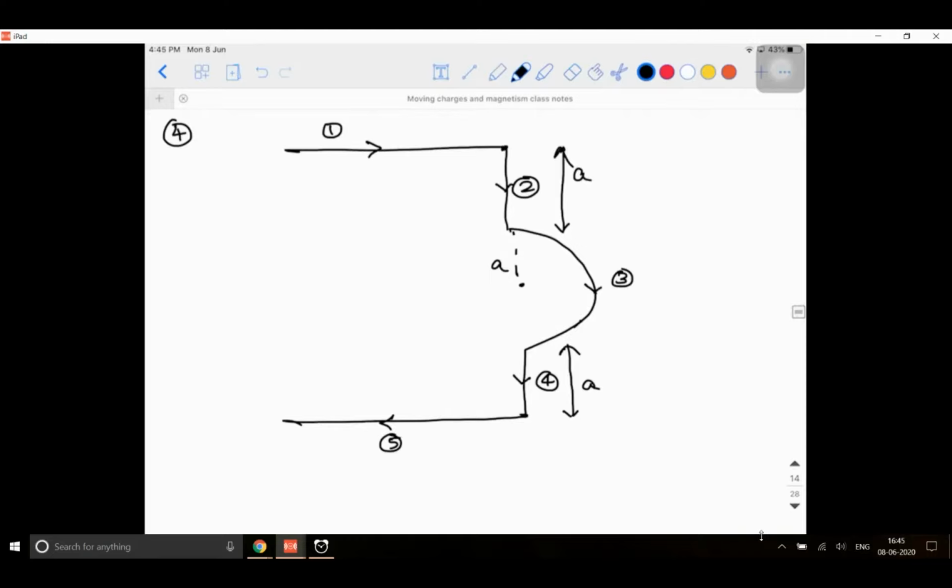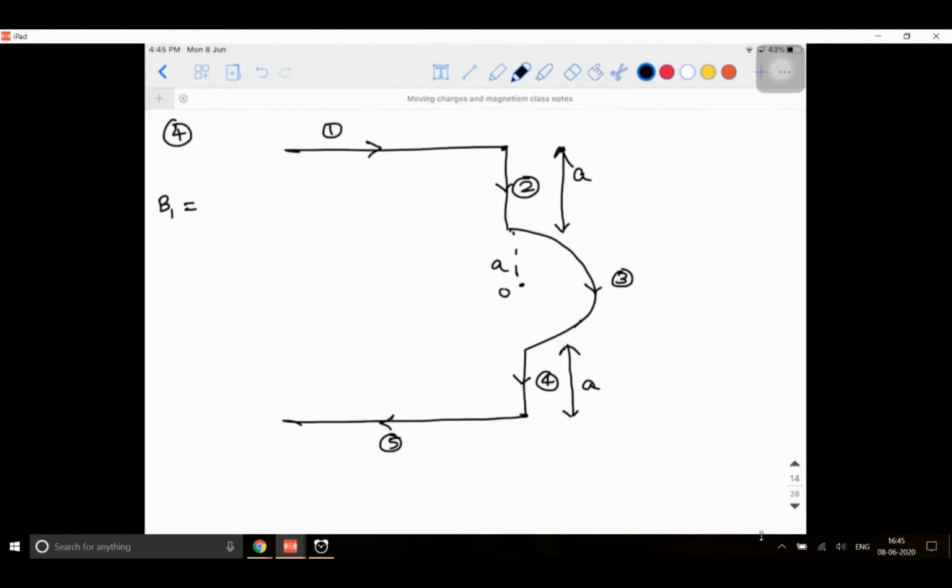Okay. So what is the magnetic field due to the first conductor at point O? So what case is it going to be? I told you one is an infinite length conductor. For an infinite length conductor, where is the point O? Is it considered at the center or one of the ends?